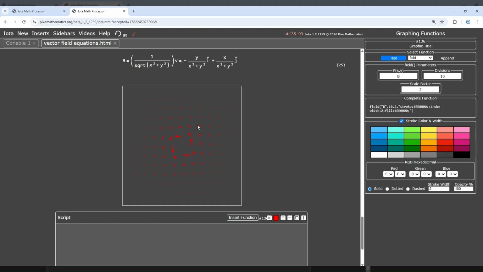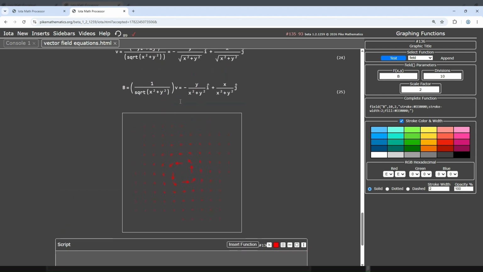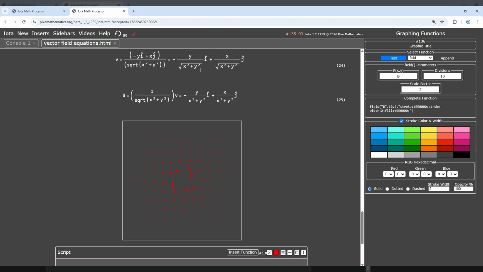Now, it doesn't decrease as quickly as the gravitational field because it's only inversely proportionate, not inversely squared proportionate. It can be a little confusing, because this looks like it's inverse squared, but the reality is you're taking x squared plus y squared square root times the square root of x squared plus y squared right here to get what looks like the magnitude squared.